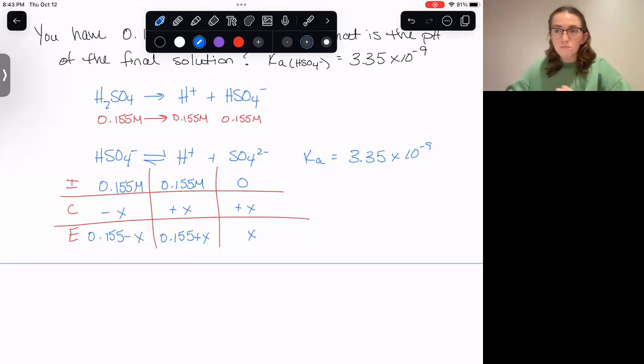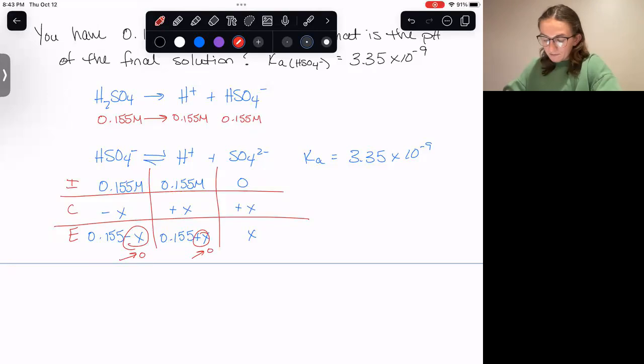For most of your ICE table Ka problems, you're going to be able to use the assumption where your changes are going to be negligible. If you don't get the correct answer for something, I would go back and double check, if you have time, that the assumption is correct.